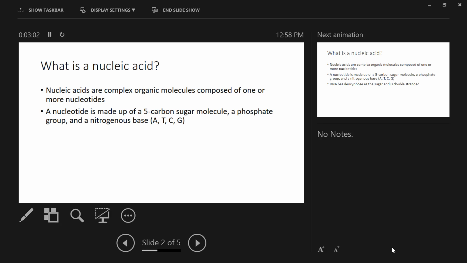So you know what that is. You should have a very specific image in your mind associated with phosphate group. And then with these bases, you likely do not have a specific image in your mind, and that's okay. These are really complex organic molecules, but we tend to just label those bases A, T, C, or G.